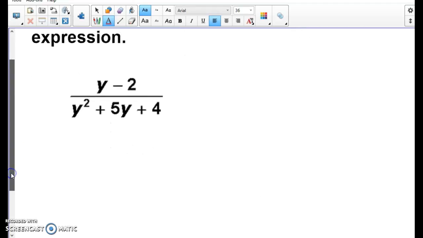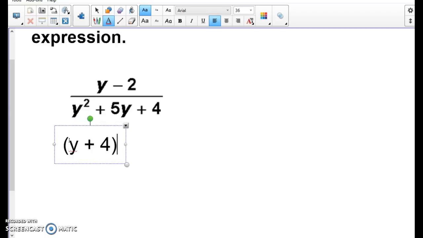If we have something like this that has an expression down at the bottom that can be factored, you just need to factor it. So we have y squared plus 5y plus 4. So I know when I factor, I'm going to have a y plus 4 in one set of parentheses, and then a y plus 1 in my other set of parentheses.